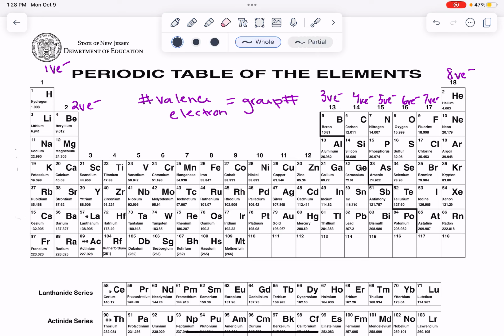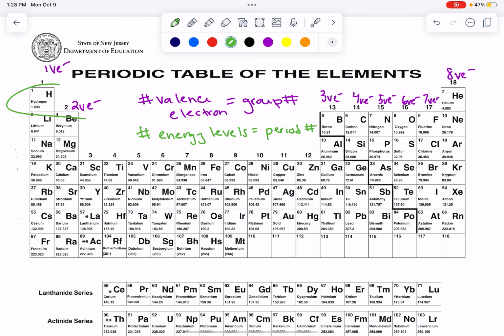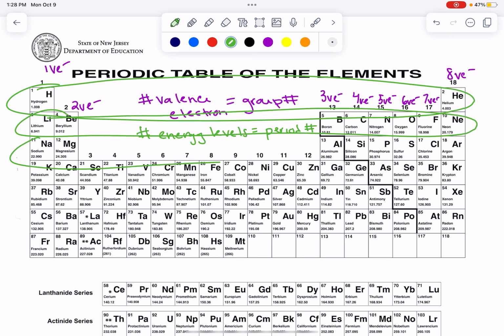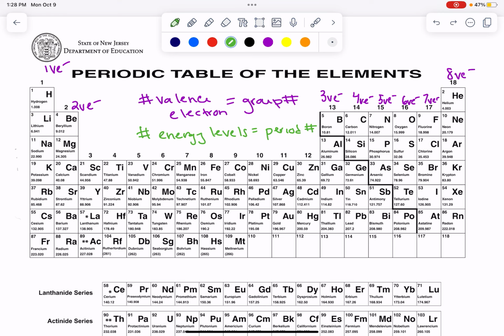And similarly, we can figure out the number of energy levels by the period number. So everything in this over here, this is period 1, this is period 2, this is period 3. Remember, those are the horizontal ones. So everything in that first period has 1 energy level.